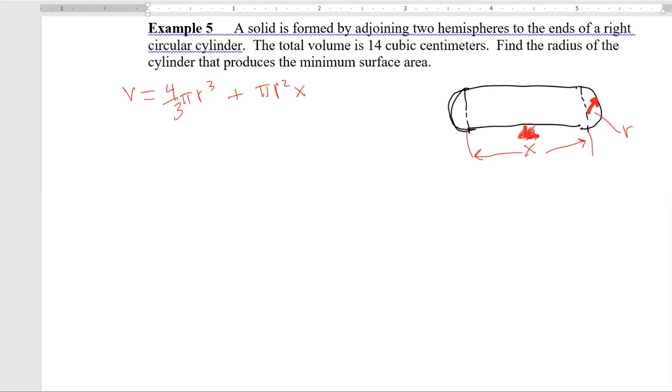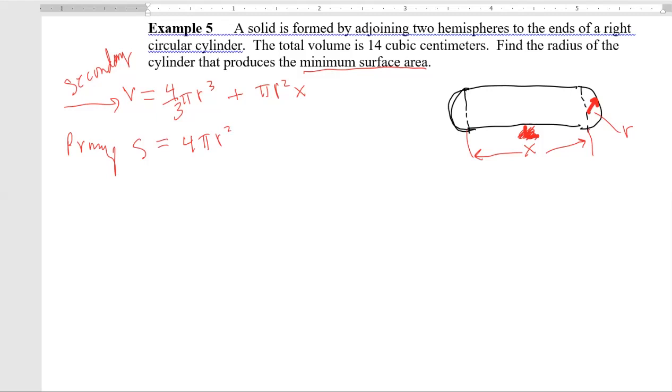Now we need something. We're trying to produce minimum surface area. So this is actually a secondary, okay, this is a secondary that we have here. Primary involves surface area. So surface area now. We've got the surface area of the sphere, which is 4 pi r squared.